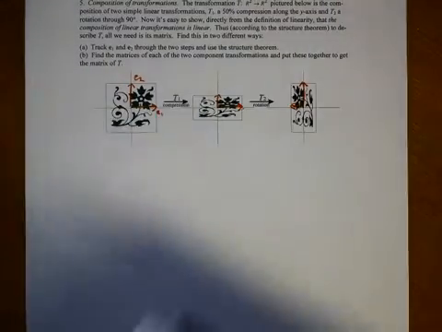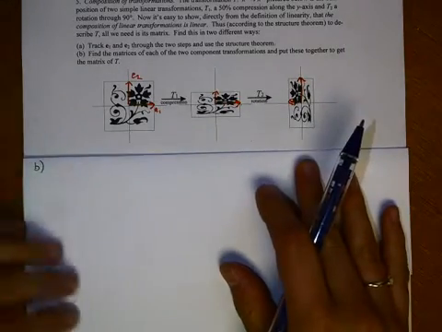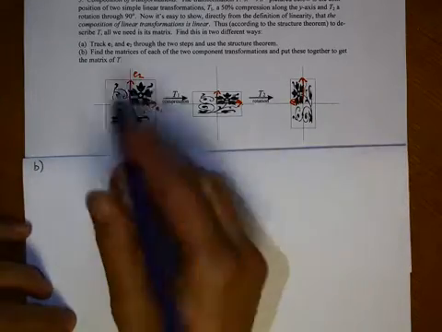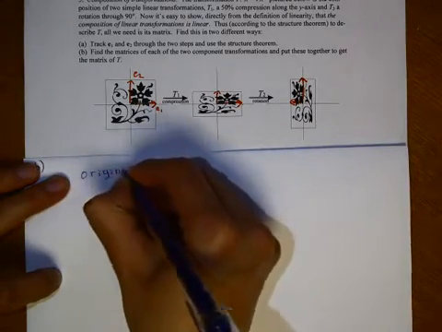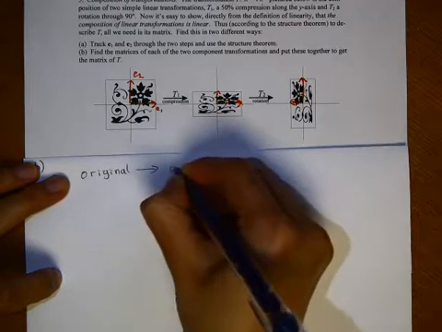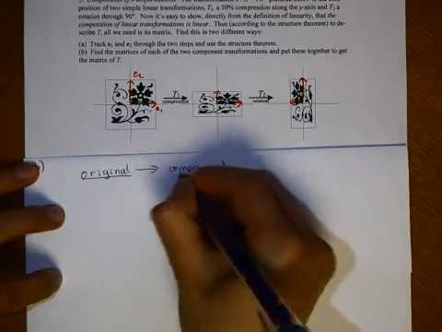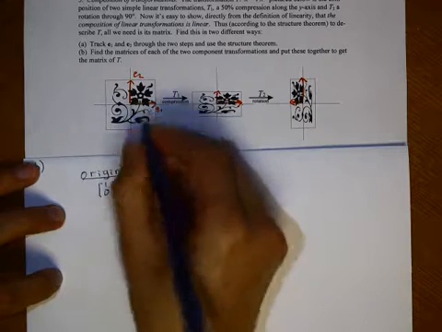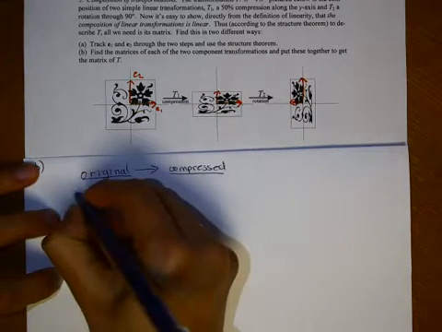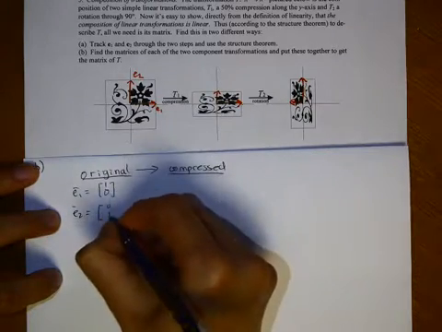So let's just fold this over. So let's take the same sort of steps that we did with the other question. So we have our original, and then we go to our compressed. So our E1 again is (1, 0). Our E2 is equal to (0, 1).